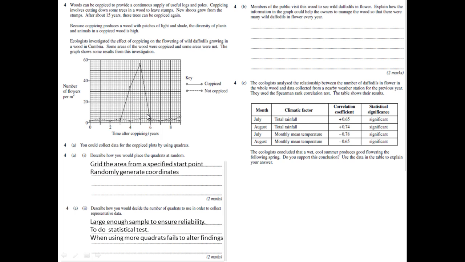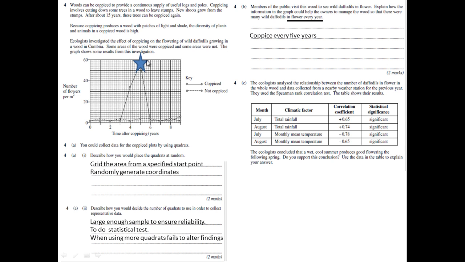You should be able to identify where the peak is, and the peak is at every 5 years. The question specifically asks for many wild daffodils in flower every year. So to get high numbers of daffodils, you're going to have to coppice every 5 years.